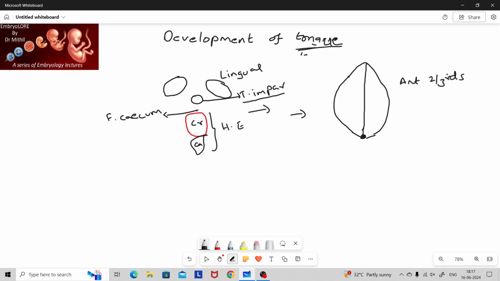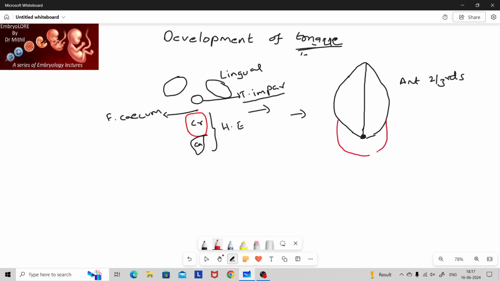Now the posterior one third of the tongue, as the anterior two thirds is done, is developed from the cranial part of the hypobranchial eminence. That is the part in red color.